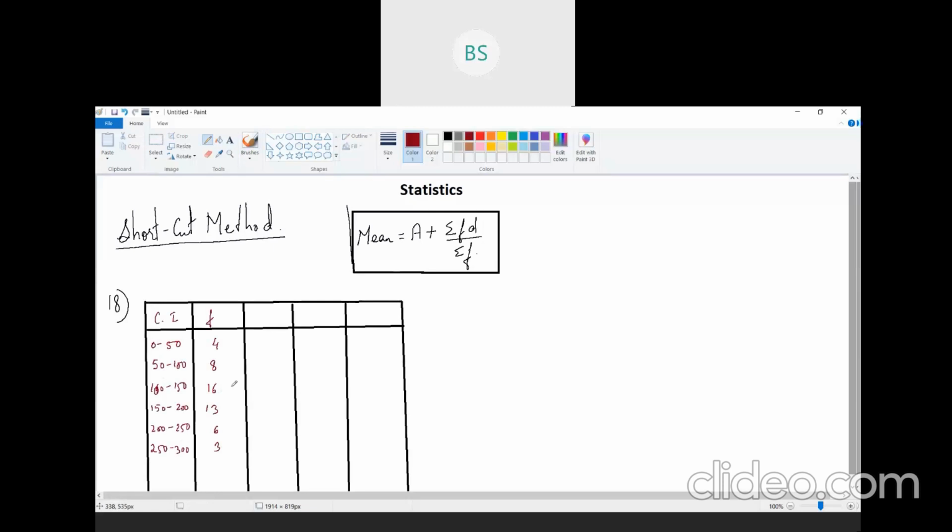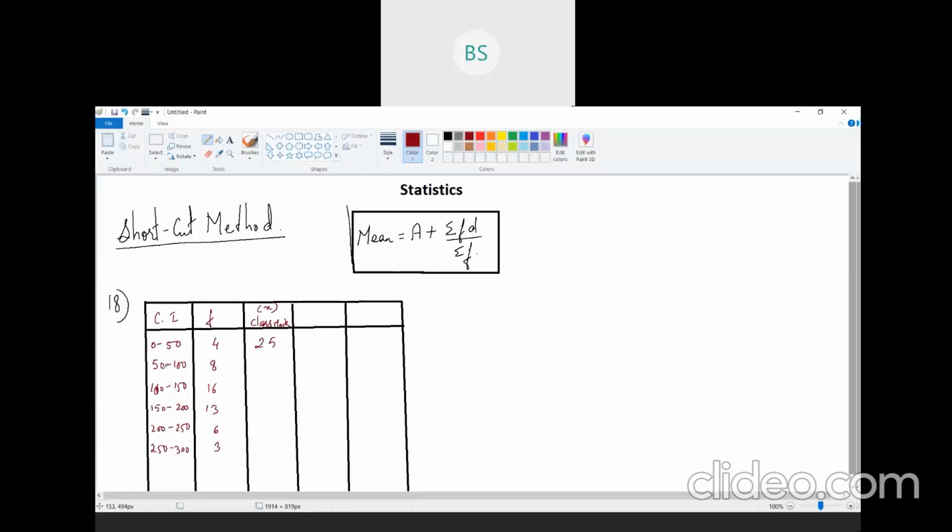So this is what is given to us, class intervals and frequencies. Now whenever class intervals are given, we should always find out the class mark, and the class mark we get will be the x values. Now how do we find out class marks? Class mark we find out by the mean of the class interval, right? So that will be 0 plus 50 divided by 2. So 0 plus 50 will give us 50. 50 divided by 2 is 25. So the class mark here is 25.